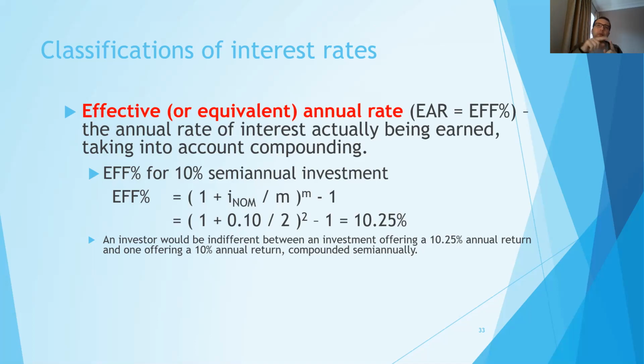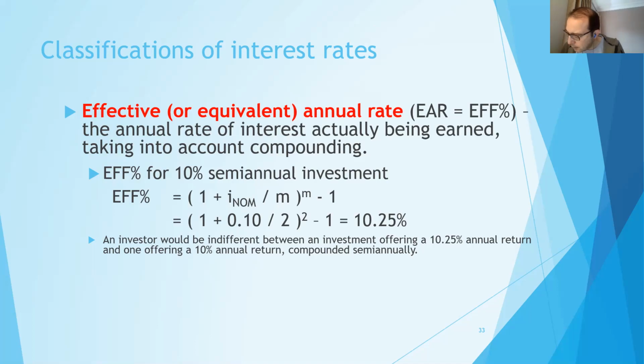Instead of compounding for 4 times, what if I invest for 1 year, right? So what's the equivalent rate of investing today and receiving at the end of the year, and compounding for 4 times? Basically, let me show you on a timeline.